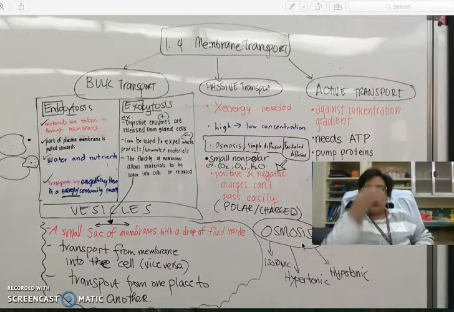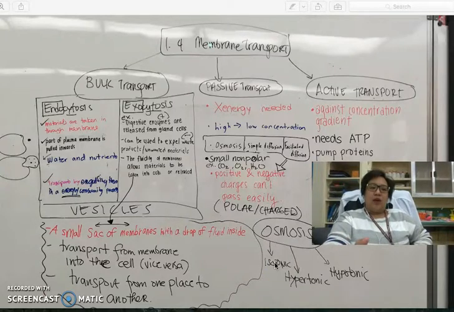Different cells will have different isotonic concentrations. So if we harvest organs, let's say the kidney or the liver or the heart for organ transplant, we have to store them in isotonic solutions.